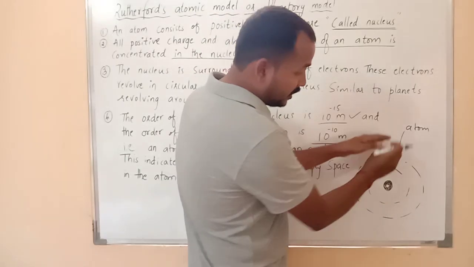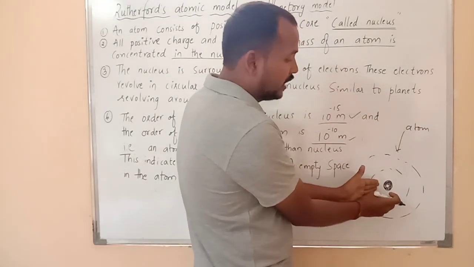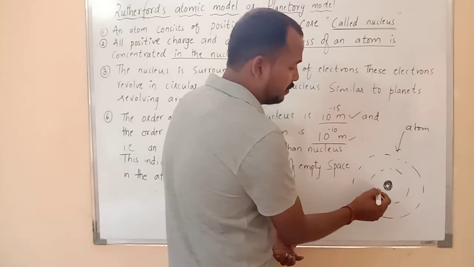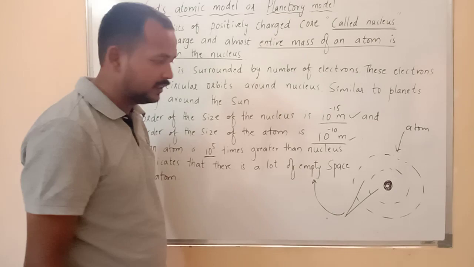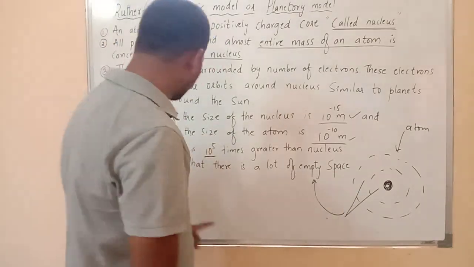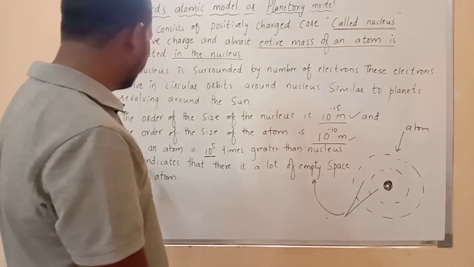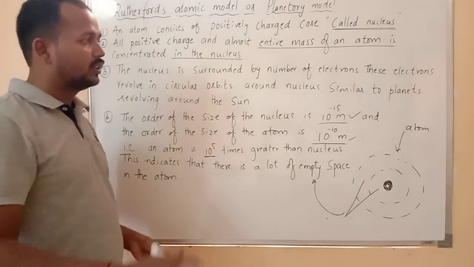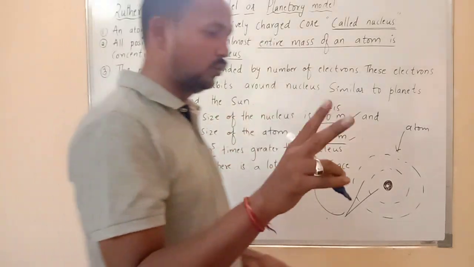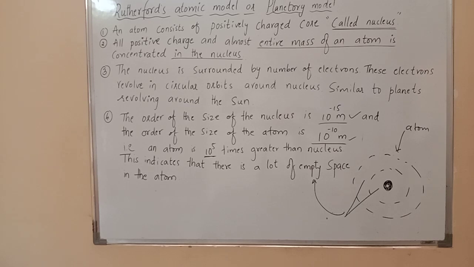That means the size of the atom is much bigger than the size of the nucleus. Hence there is a lot of empty space here. So still there are two postulates that we'll discuss.